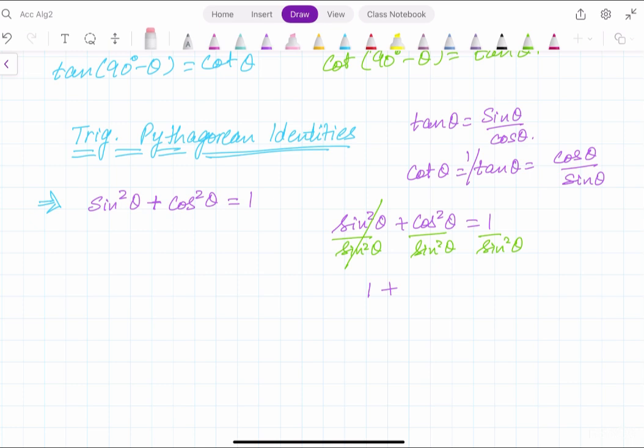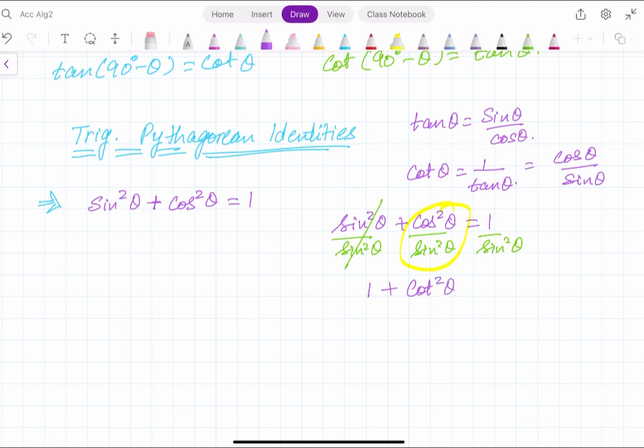So from the basic Pythagorean identity, I can derive another identity by dividing by sine squared theta, and you will get 1 plus cot squared theta is equal to, now what is 1 over sine squared theta?